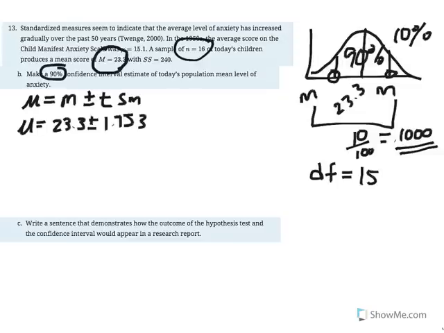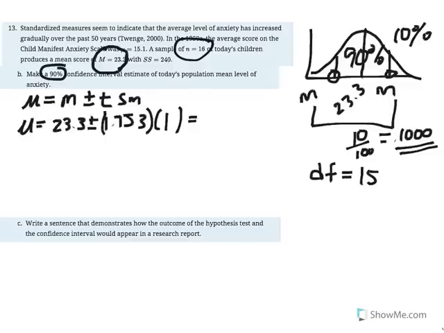And our standard error has not changed. It's still based on what we calculated in the previous example. It's still equal to 1. Now we're going to have, again, it's positive negative here, which means, again, we're calculating two different means above and below a value of 23.3.